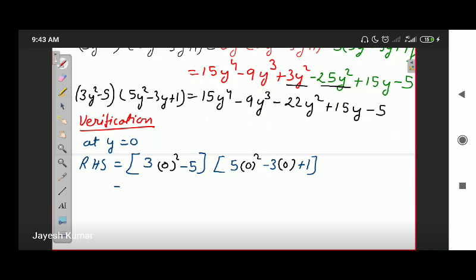Okay. So this becomes 0. 0 minus 5 is minus 5. And this is 0, 0 and 1. So this will be minus 5. We have determined the value of RHS as minus 5. Now we are going to determine the value of LHS.